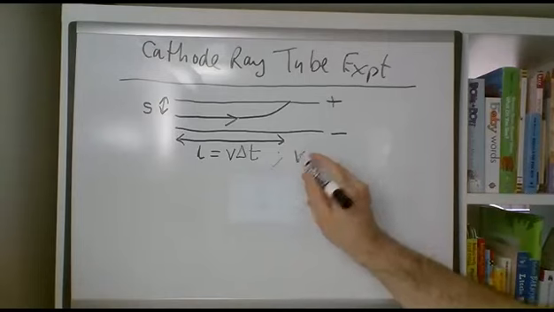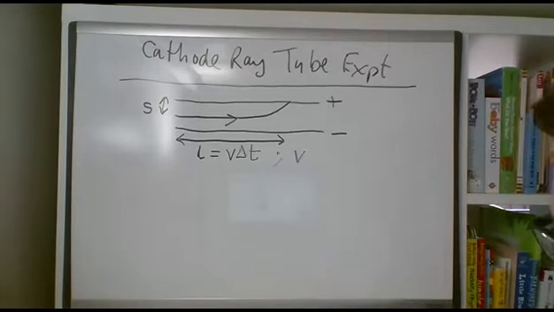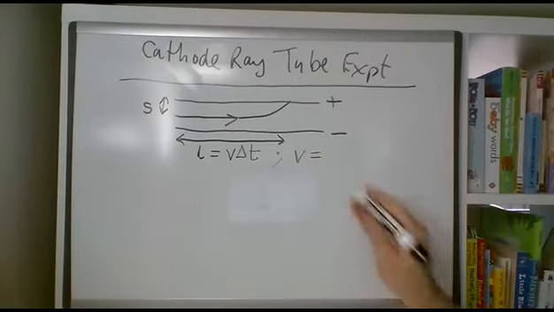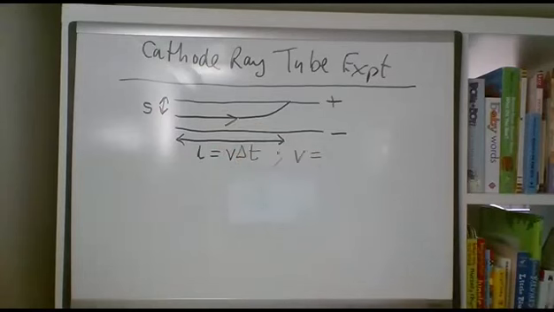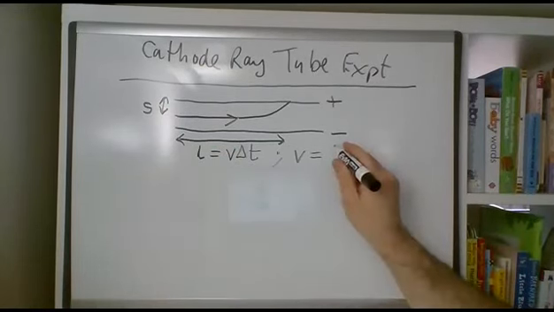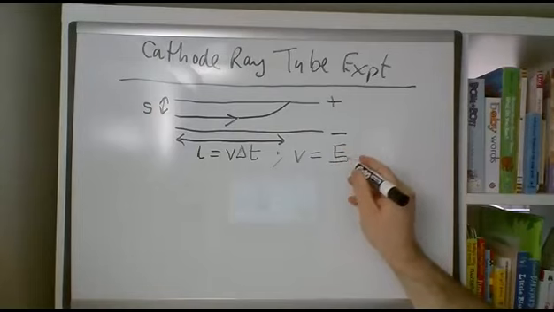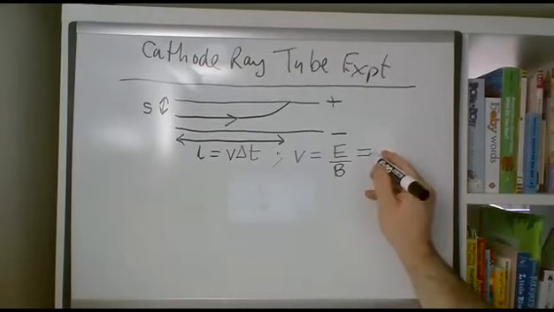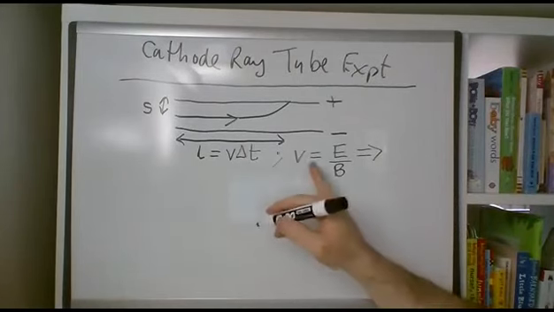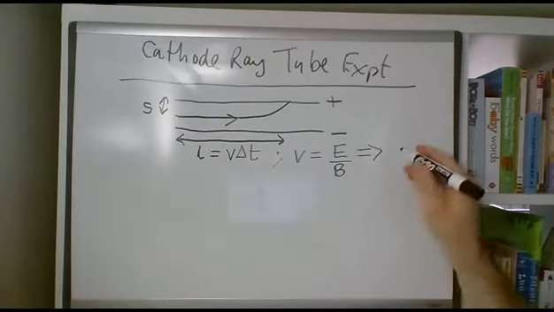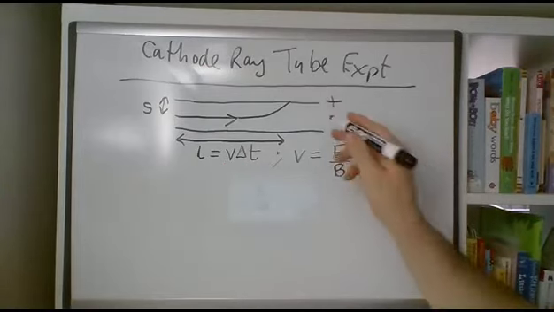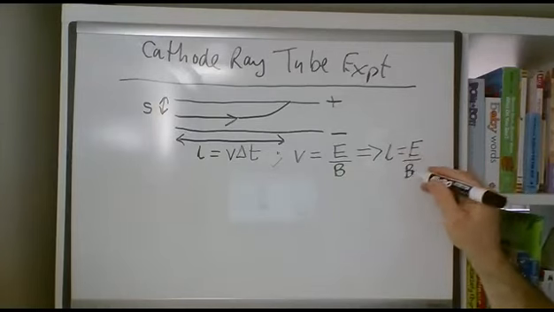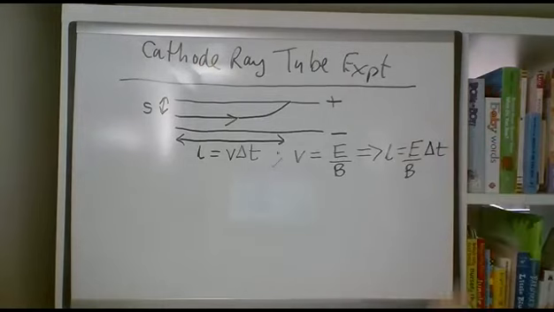He could measure the velocity of the cathode ray because he knew from Maxwellian mechanics that the velocity of an object in an electromagnetic field is just the ratio of the electric field E over the magnetic field B. So he was able to combine these two equations, insert E over B into V here, and figure out that the length of travel is just the ratio of electric field and magnetic field times the time of travel.